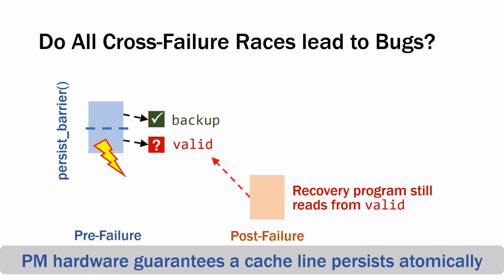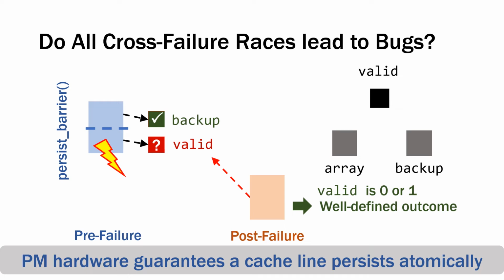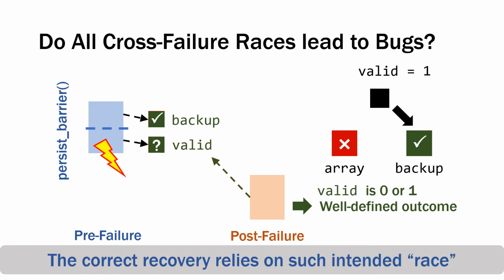Because the valid is only an integer or a boolean, it is guaranteed to be persisted atomically. So the valid can either be 0 or 1, and all the outcomes are well defined. If the value is 0, then the program can use the array as a consistent copy. If the value is 1, the program just rolls back with the backup. So the correct execution actually relies on such an intended race, and this behavior is correct.